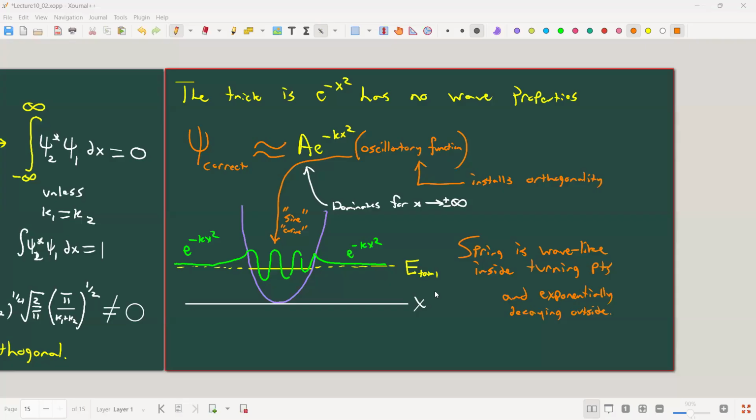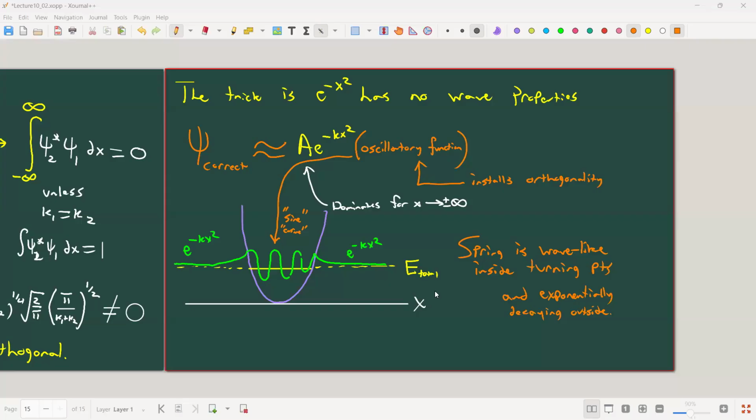So what we have to do is correct our guess by appending an additional function that builds in the oscillatory behavior. Basically, the Gaussian part is just half the answer. And in order to have multiple wave functions that are all orthogonal to each other, we have to add this oscillatory function that gives us the wave-like behavior inside the potential.